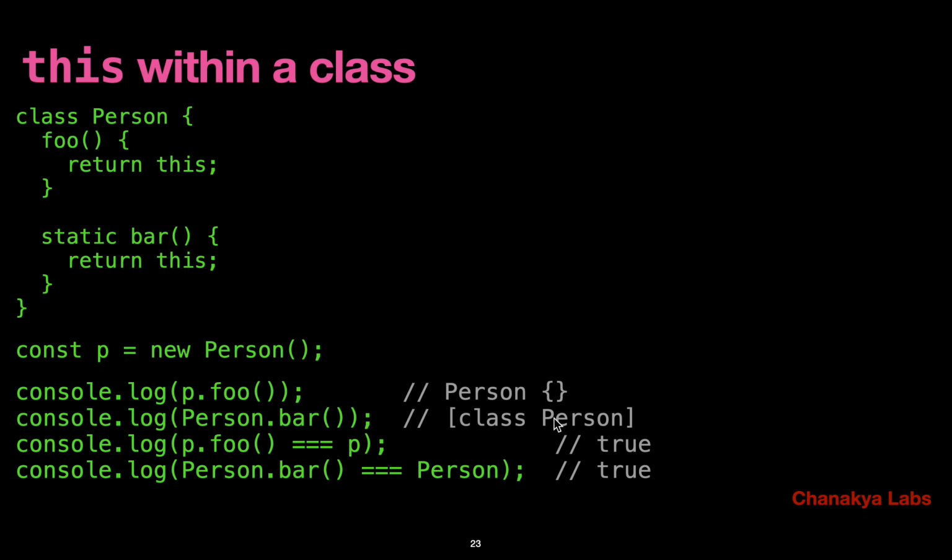You will see class person is there. And if you want to prove that what I'm saying is correct, you can compare this with simply the person variable, not the instance, and you will get true. We are getting this reference to the basic class only. Okay, so that is one thing.